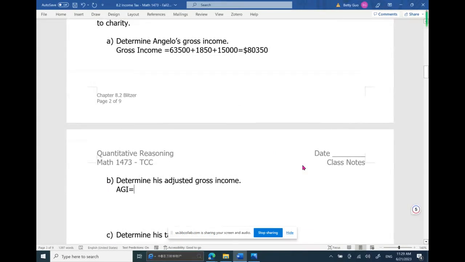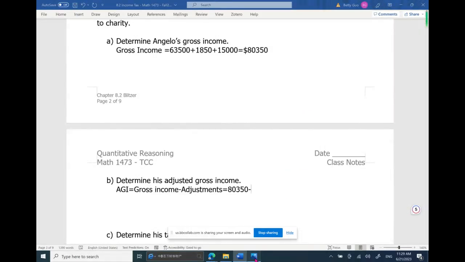Adjusted gross income is AGI, and it is the gross income minus adjustments, right? So we have the gross income found in part A, which is $80,350, and we are going to subtract adjustments from the gross income to get the AGI.